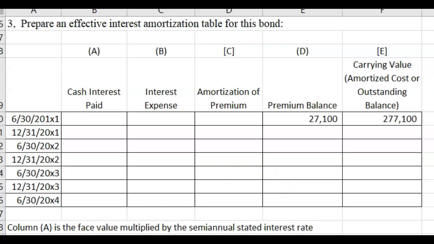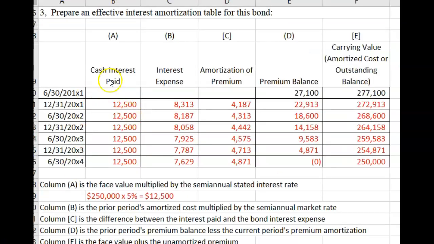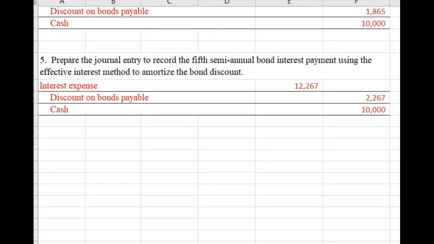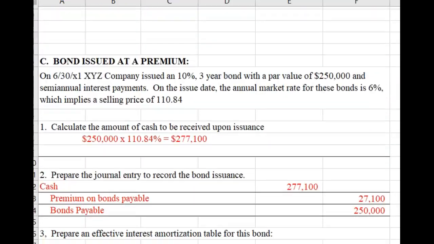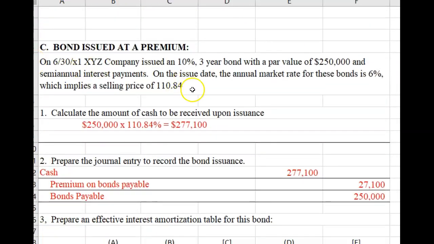The cash interest paid is the par value of the bond, $250,000, times 1/2 the contract interest rate, and this bond has a 10% contract interest rate, so half of that is 5%.